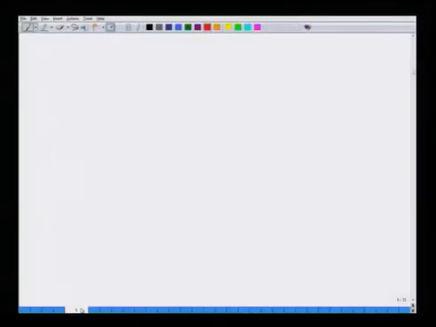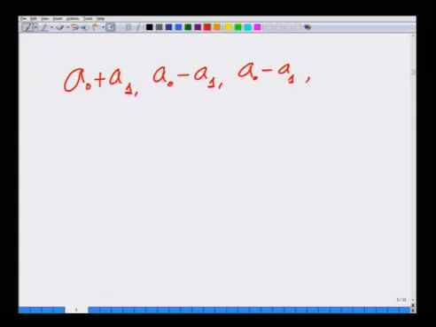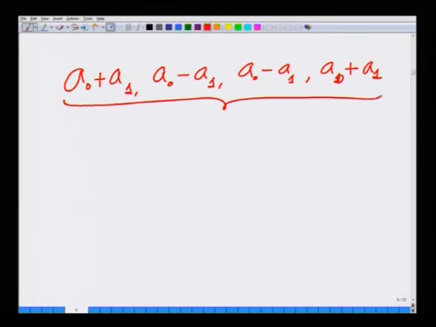Okay. So, finally, let me write that down again. What is transmitted is A0 + A1, A0 - A1, A0 - A1, A0 + A1.